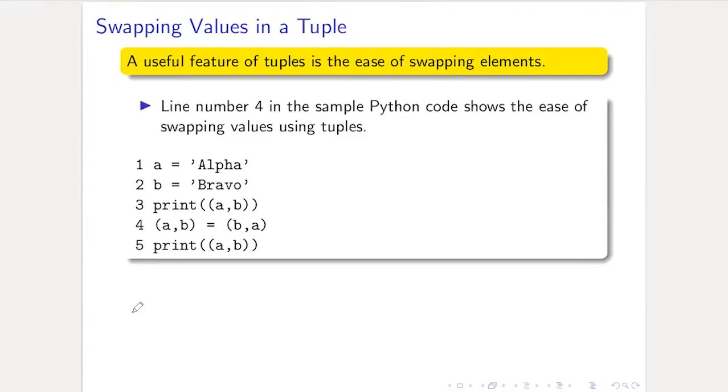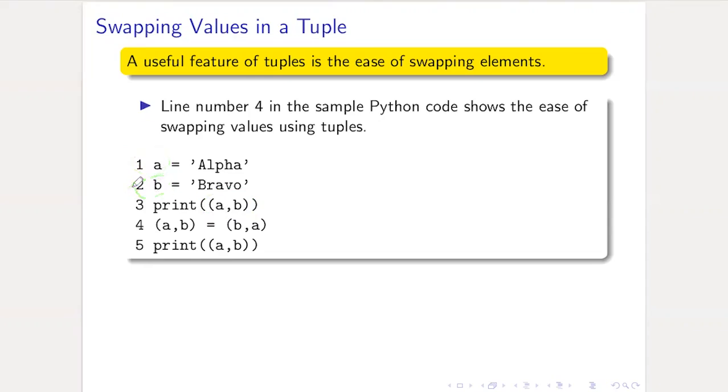Capability we have for the tuples. Here I have two strings, A and B, and you can see I have printed it as a tuple here, AB. Mind you, A and B are individual variables.